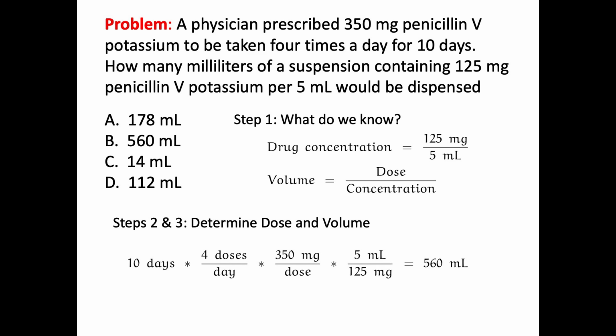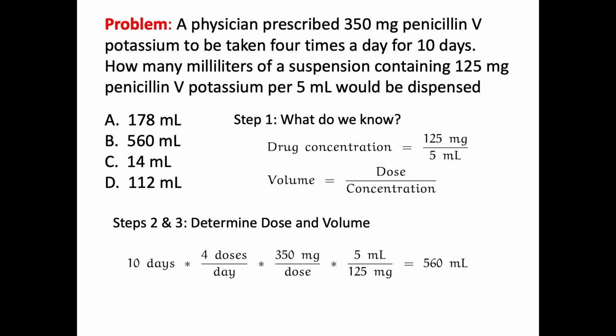So let's start with the fact that we need enough liquid to last 10 days. If I start with 10 days, how am I going to cancel days? Well, I know that the patient is going to take 4 doses per day. They're taking it 4 times per day, right? So 10 days times 4 doses per day, days cancel, and I now know I need 40 doses.